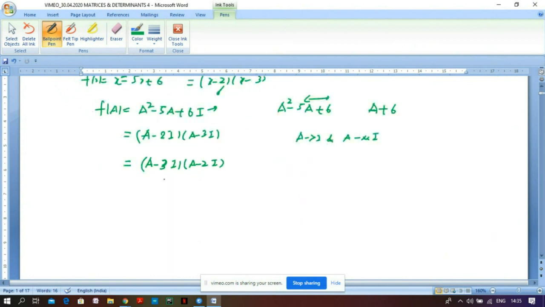So having defined this, now we say what rules govern this.